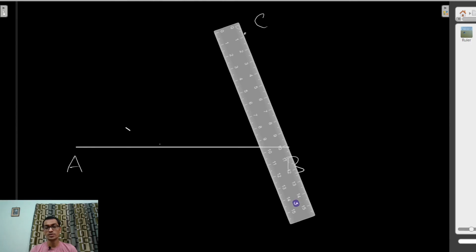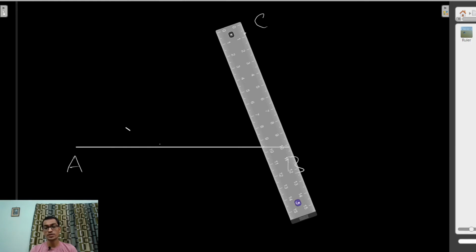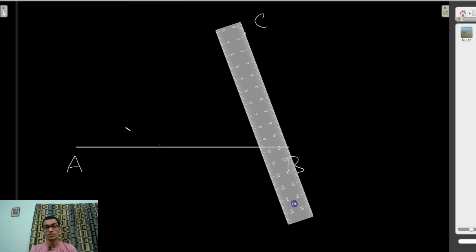First of all, we need to place the ruler in a proper place, then only we can join the points B and C. Now we are going to join. You have to be careful to join these points.